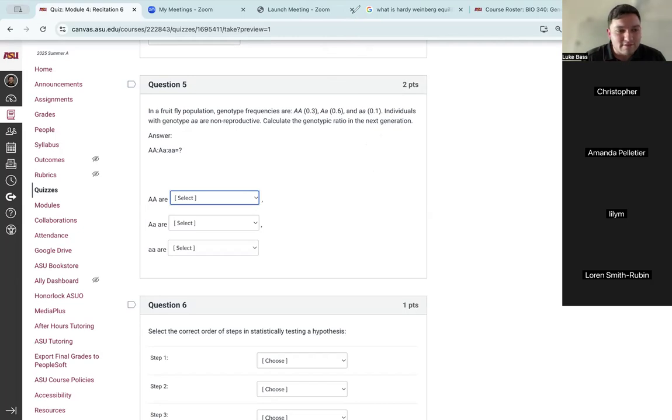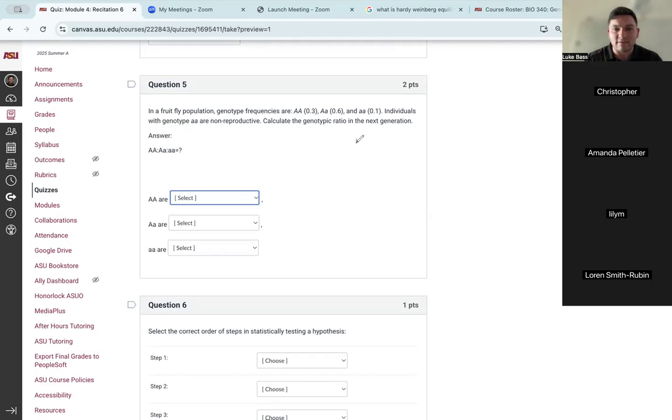Yep. So, Christopher, you said you were starting with a population number of 100. Okay, let's assume a population number of 100. Out of those, 10 are going to be the homozygous recessive that don't mate.